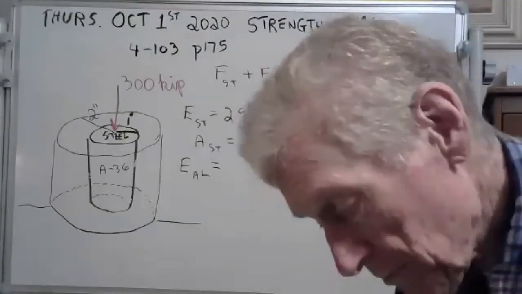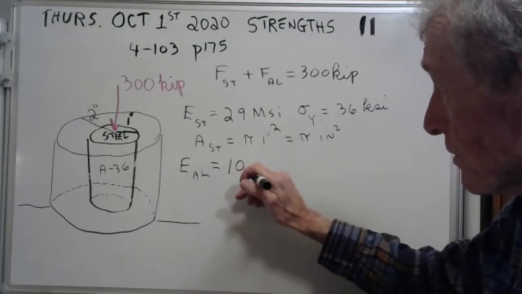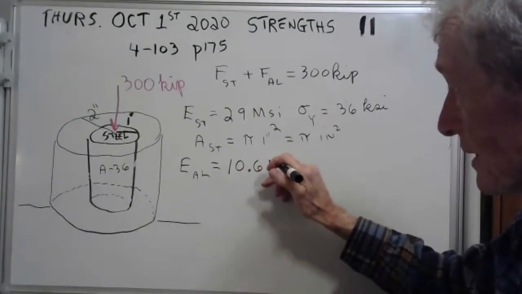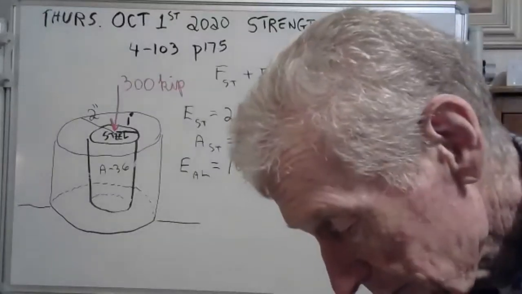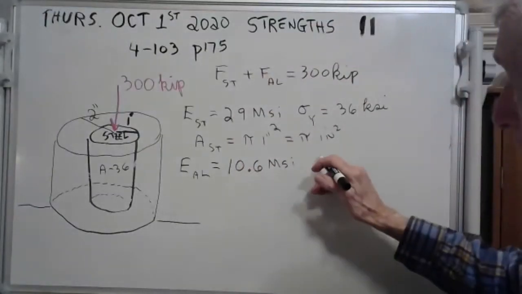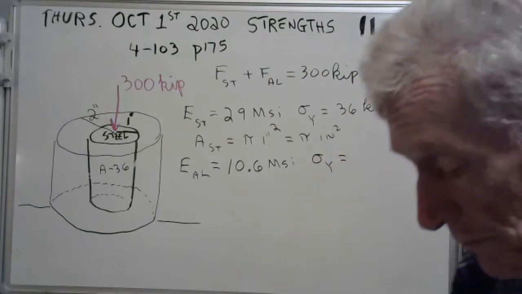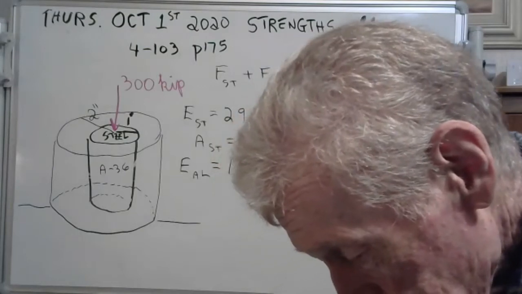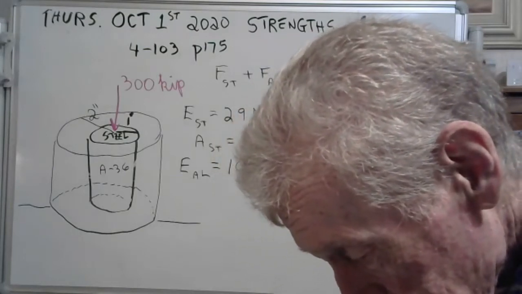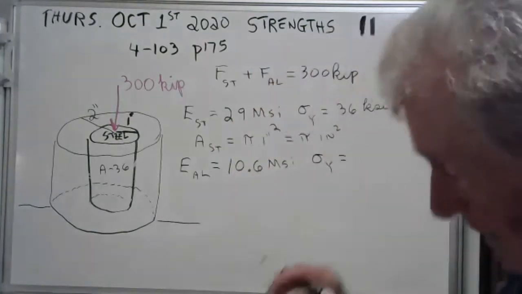Yeah, that is correct. 10.6 MSI is how I would put it, but what you said is correct. And do you know what the yield strength is for that aluminum? The yield strength is 60 KSI. It's 60 KSI. Good going.